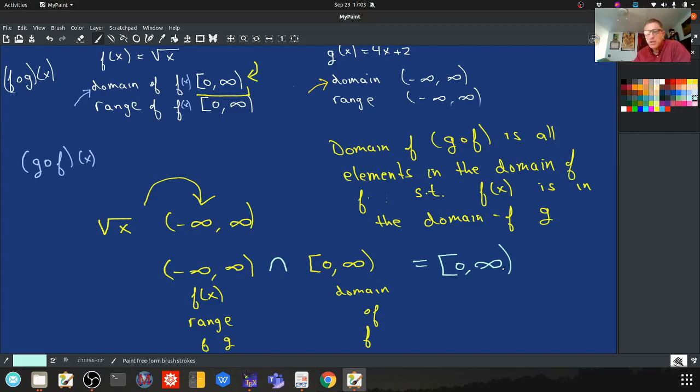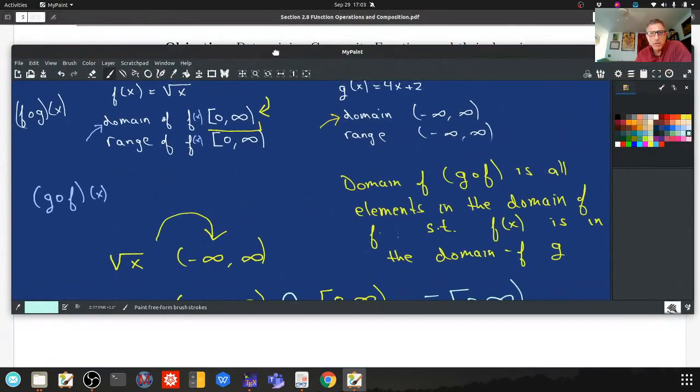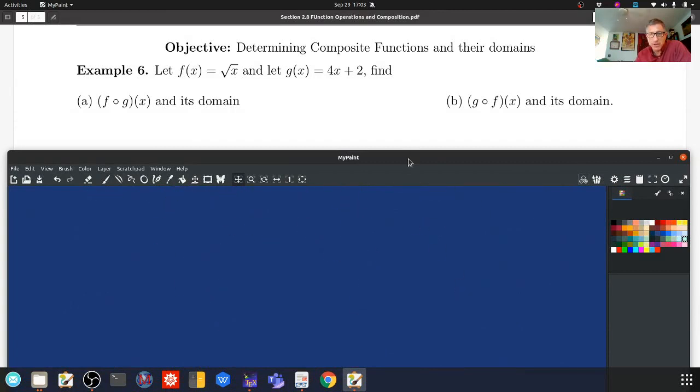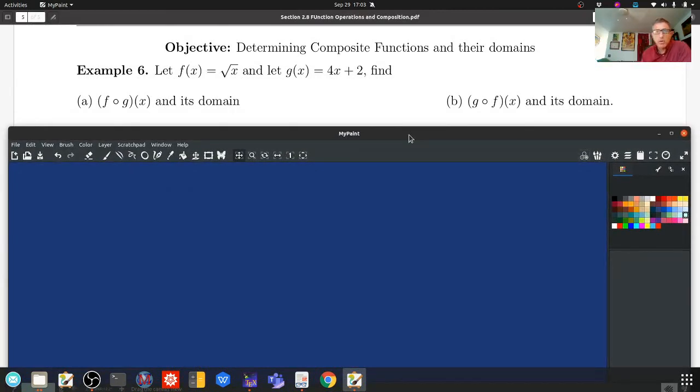Okay. Now, they actually wanted me to do one other thing, and since it won't be on your exam, I think it's a waste of time myself. They want you to determine the composite function. So f composed of g of x is equal to f of g of x. Well, what is my f value?